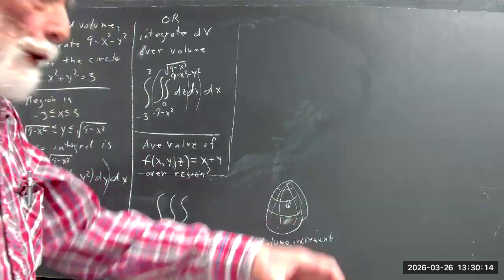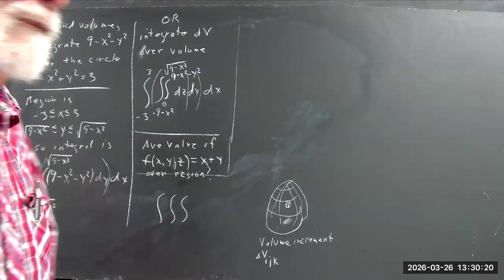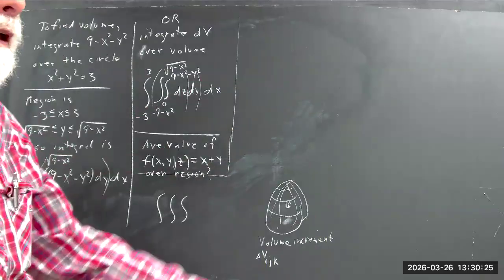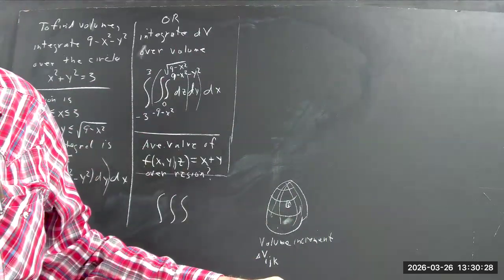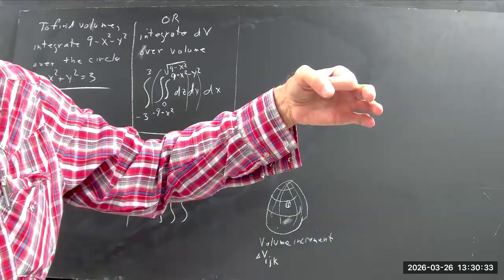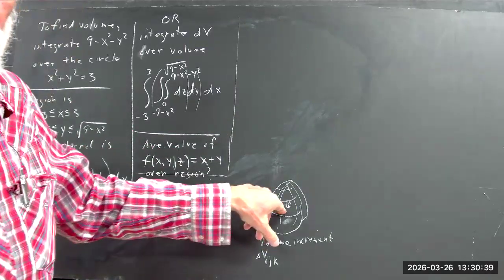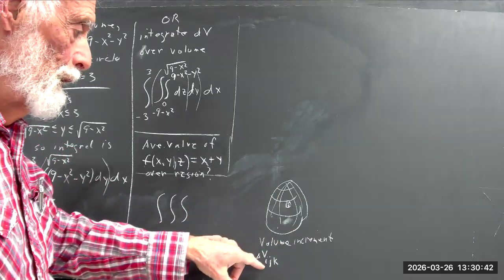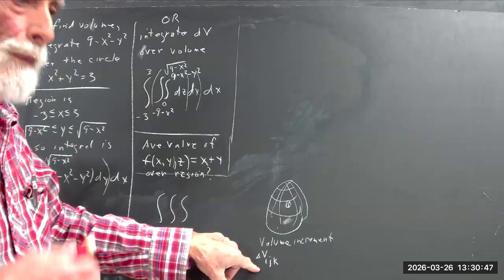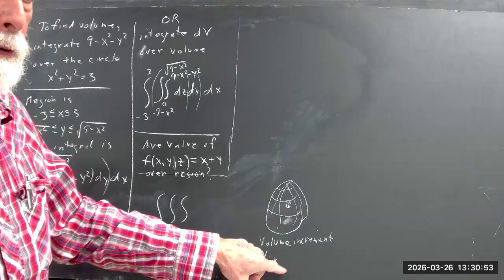You partition the circle down here, and you got an x sub i and a y sub j. You then partition the rectangular column above that increment all the way up to 9 minus x sub i squared minus y sub j squared. And you've got a bunch of little rectangles, and the typical one is V sub IJK. Okay, you partition the X interval using subscript i, the Y interval with subscript j, the Z interval with subscript k.